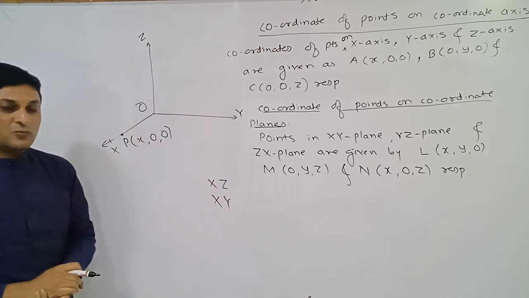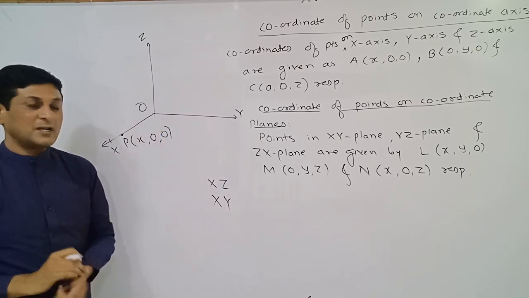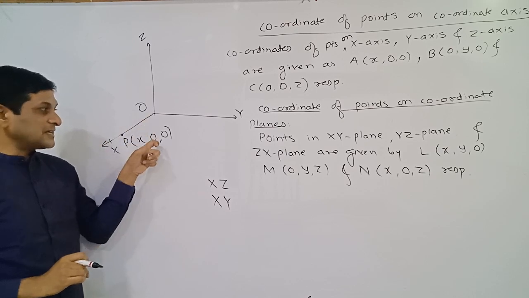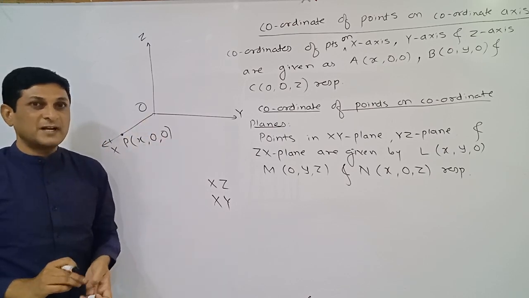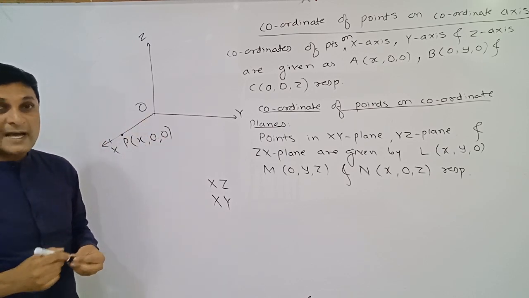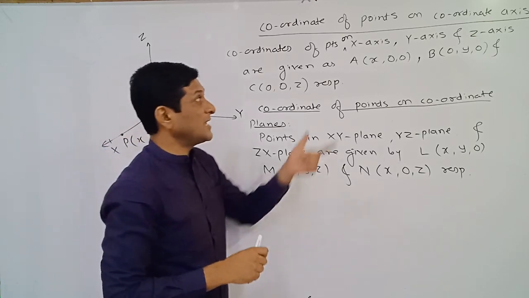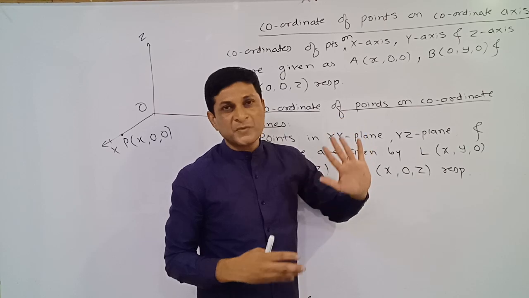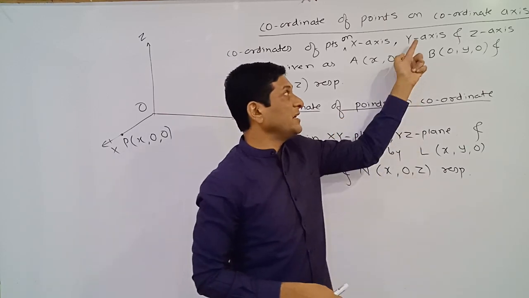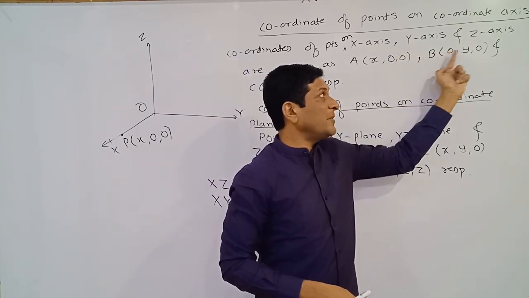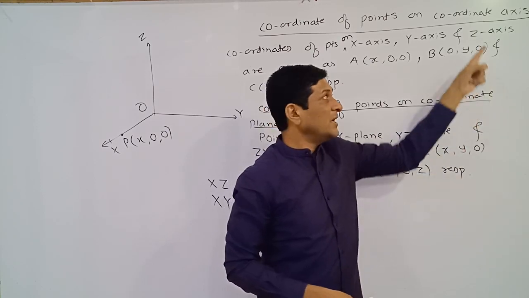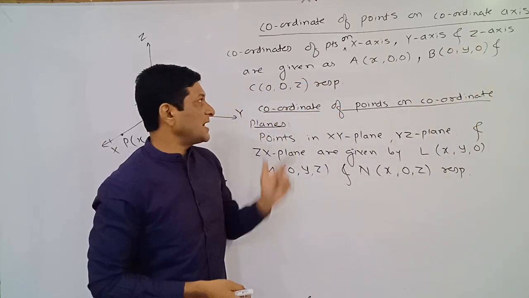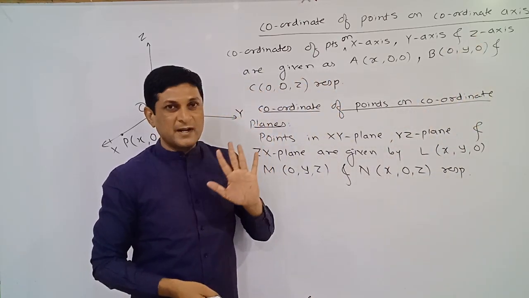What important result have we got? If the point lies on the x-axis, then the y coordinate and z coordinate are 0. In the same way, if the point lies on the y-axis, then the x and z coordinates are 0. Or if the point lies on the z-axis, then the x and y coordinates are 0.